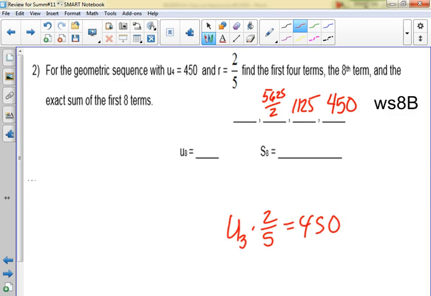And then times that again, this first term is 7031.25 or 28,125 over 4. Anybody?